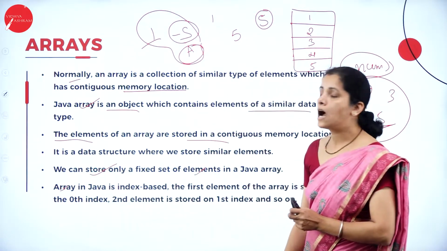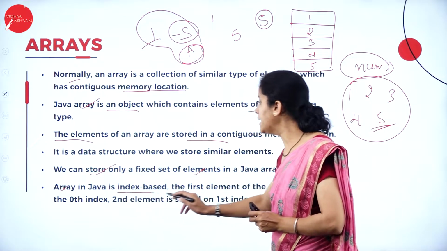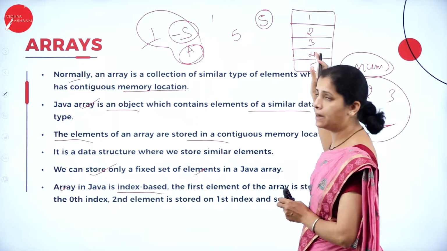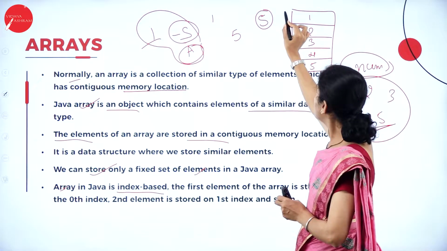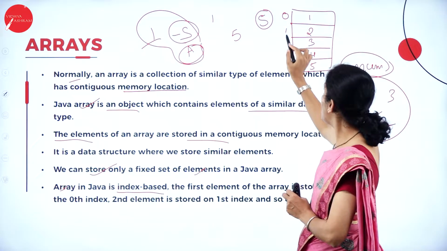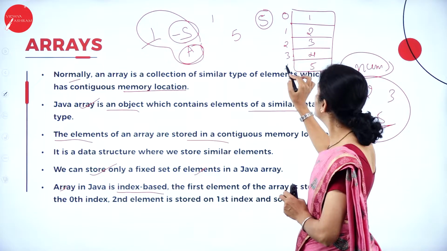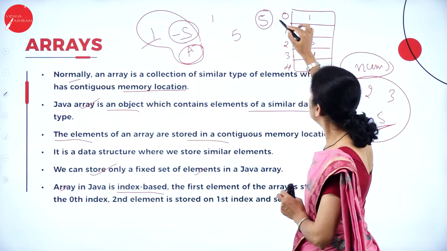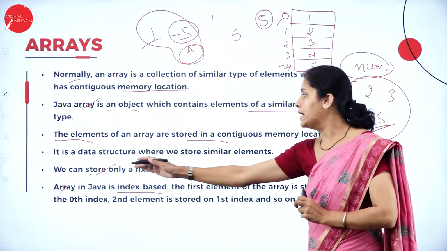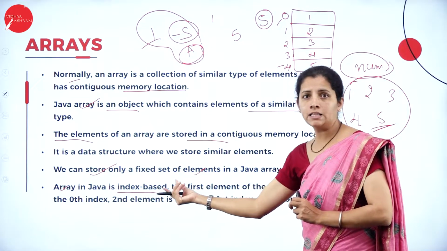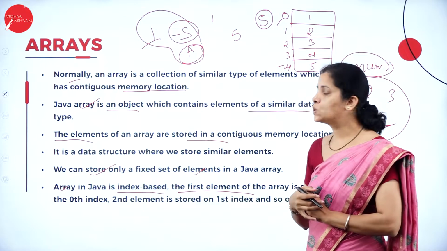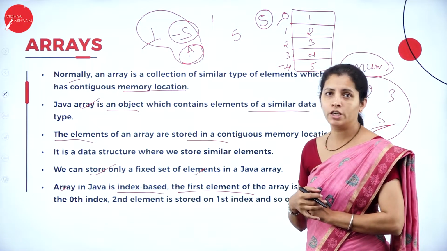Array in Java is index based. See here, I have 5 elements. Now, think that these are stored in locations 0, 1, 2, 3 and 4. This 0 to 4 is nothing but the index. Array in Java is index based. The first element of the array is stored at the 0th location.